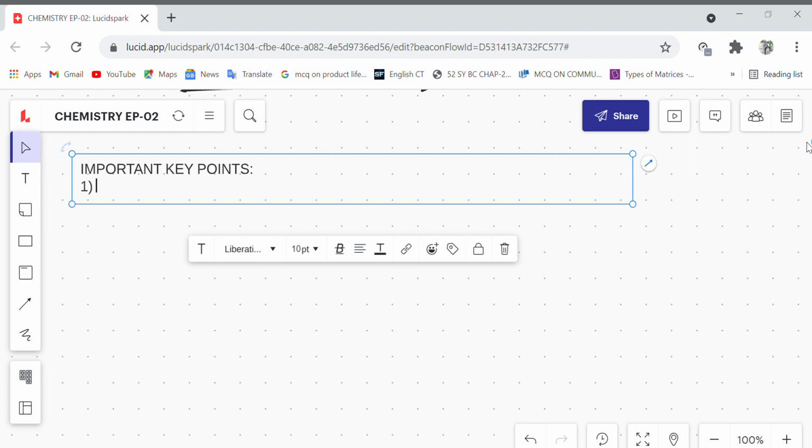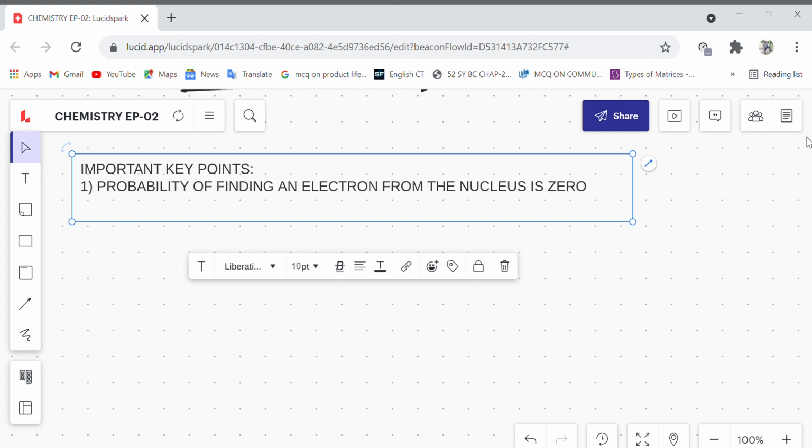First one: the probability of finding an electron at the nucleus is 0.